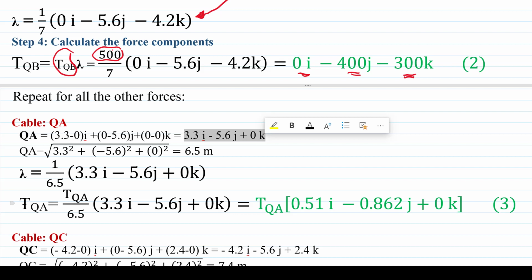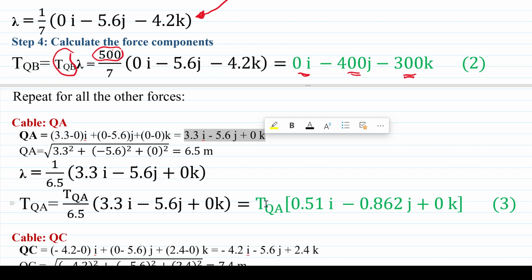Now you multiply by the tension QA, and we'll keep it. We don't know the value of tension QA, so we're going to keep it as TQA, but we will calculate the other number. So it's going to be what? 3.3 divided by 6.5, so it's going to be 0.51 in the i direction, and minus 0.862 in the j direction, and 0 in the k direction.